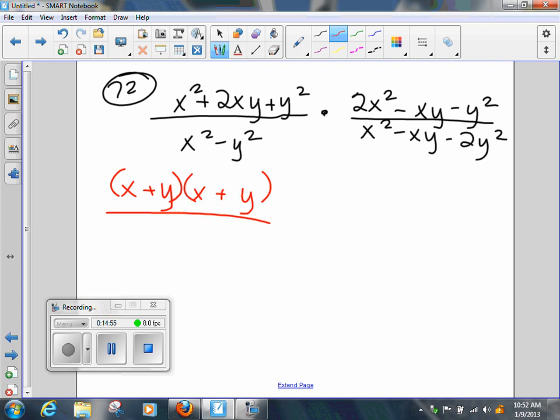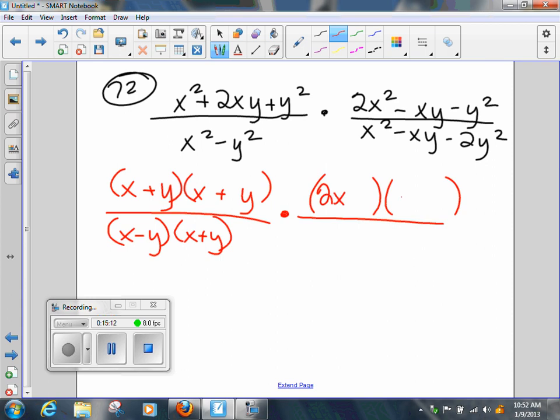What's x squared minus y squared? Everybody, how am I going to factor it? There we go. Thank you. Here we go, we got a leading coefficient. Don't freak out. It's prime. We got to figure out what we're going to do with the 1. 2x and x. Well, what are the only two factors of y squared? Y and y.